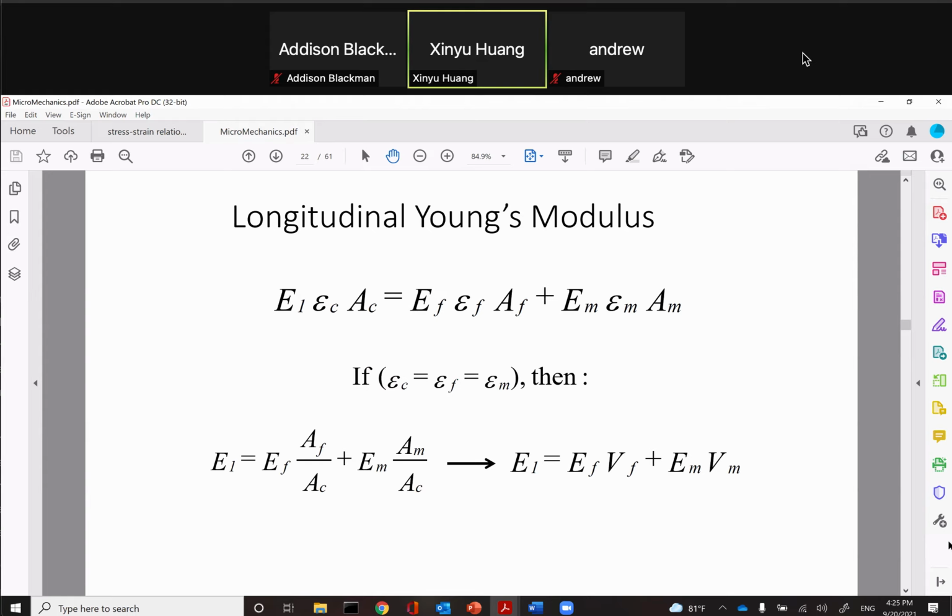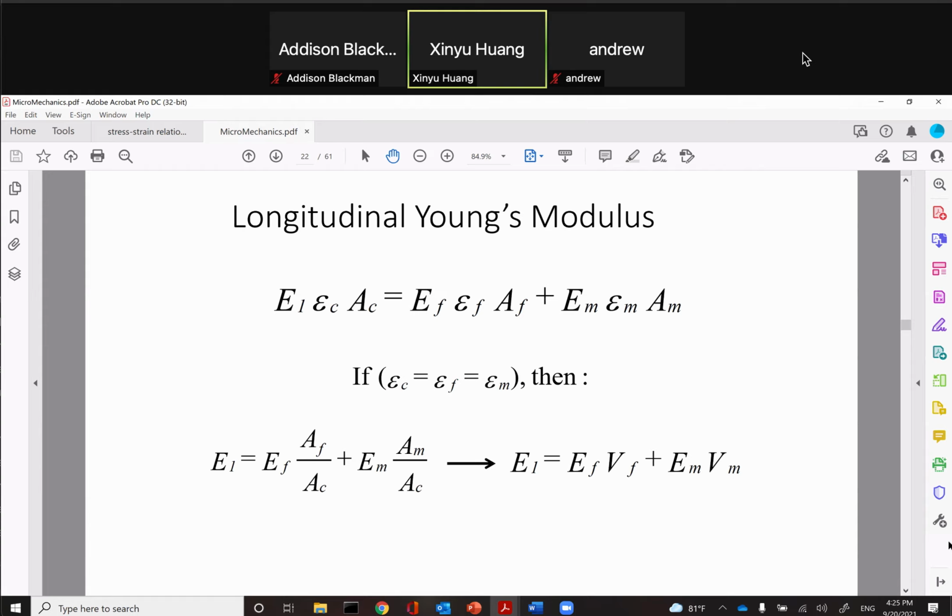The fiber area over total area is equal to the fiber volume fraction, and this ratio is equal to the matrix volume fraction. Do you recognize this? This is the rule of mixtures. This is the Voigt model.